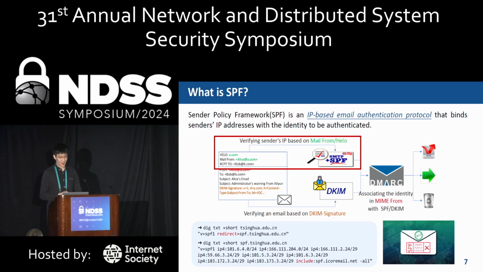SPF is an IP-based email authentication protocol. It requires email administrators to publish their SPF records on their DNS services. Email administrators can claim the IP addresses they will use to send emails in the SPF records, and the receivers can judge, based on the SPF records, whether the email is really from the sender.